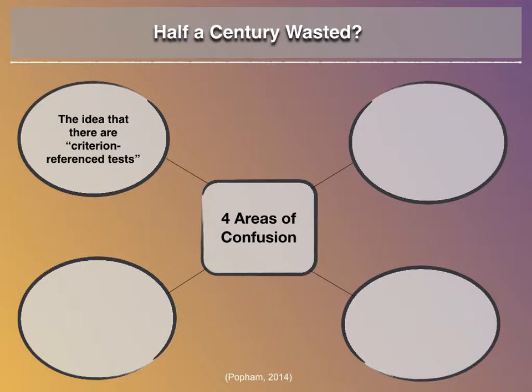So the first one is the idea that there are criterion referencing tests. Now we say tests, and it's not an actual test. It is more of an interpretation of the test taker's score. Typically, criterion referencing is when the student is tested and compared to their previous tests, but it's not an actual test.